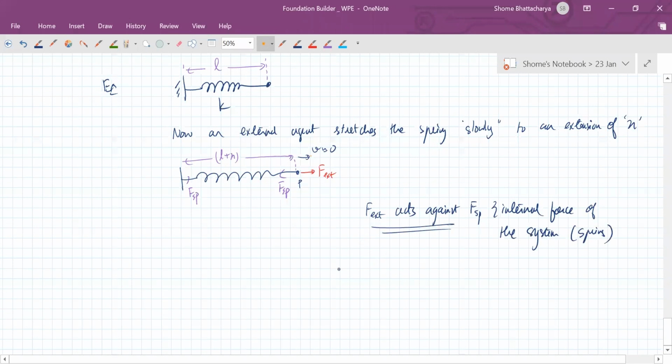So this acts against such that the work done by the external force will be negative of the work done by the spring force, and that will be equal to the change in potential energy.